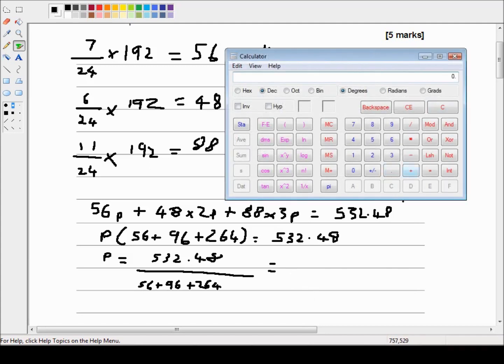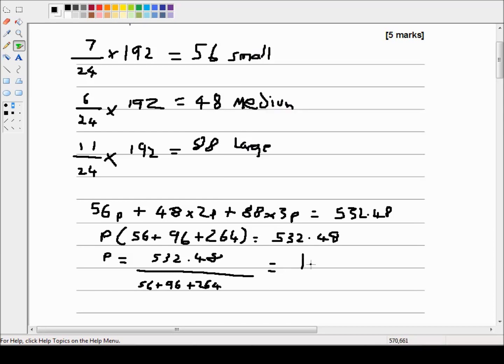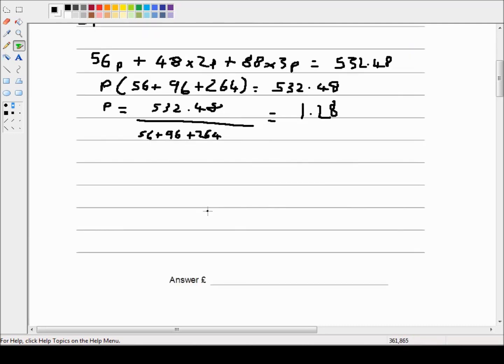So this is 532.48 divided by, now I need to open brackets here because if I don't it will not calculate this correctly. 56 plus 96 plus 264. And if I close brackets, that came to 416, and that's equal to 1.28. So the profit on one small cake is £1 and 28 pence.